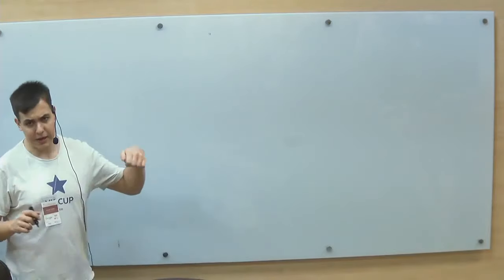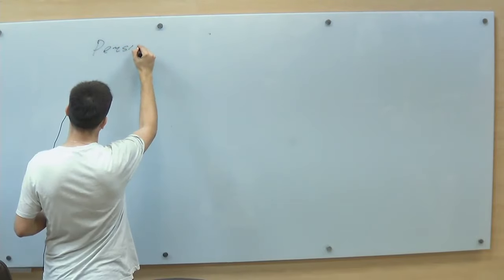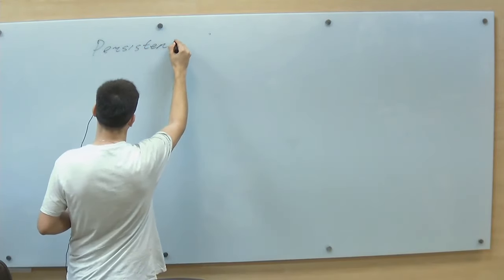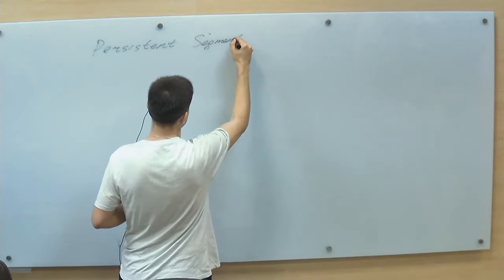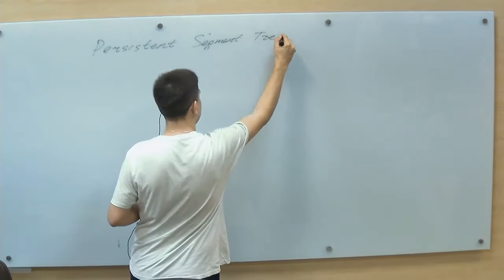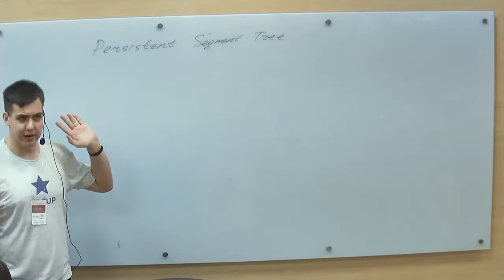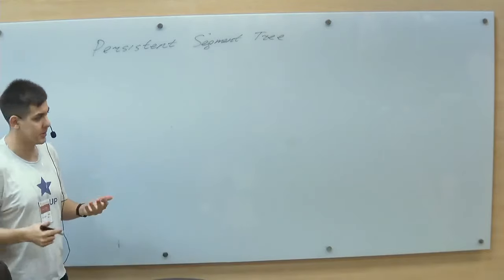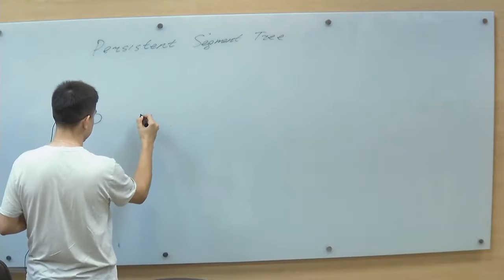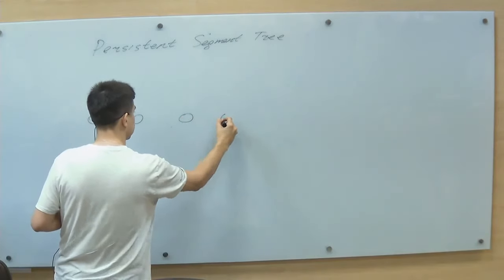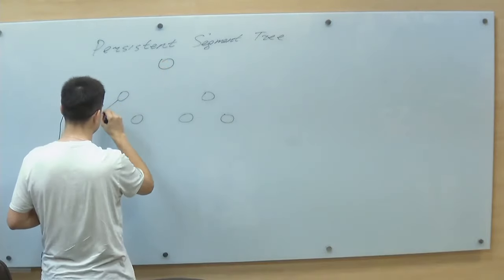Okay, so let's talk about segment tree. Let me draw a segment tree for an array of 4 elements. So we have 4 elements at the bottom, 2 more elements on the next layer and 1 element for the root.